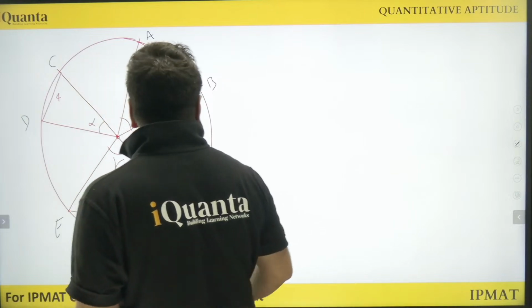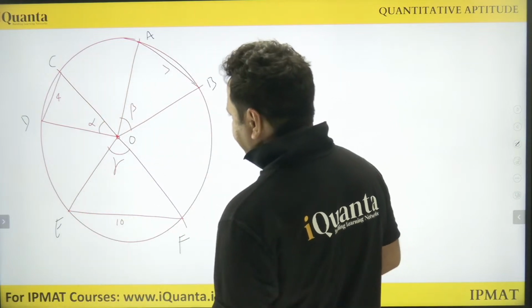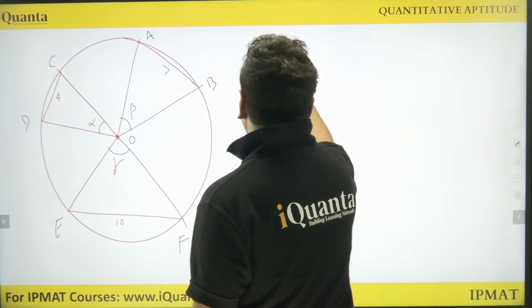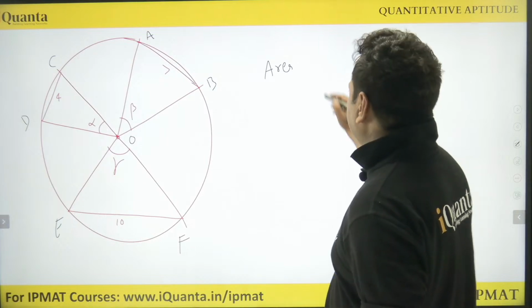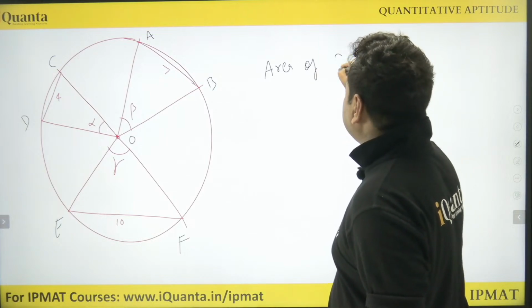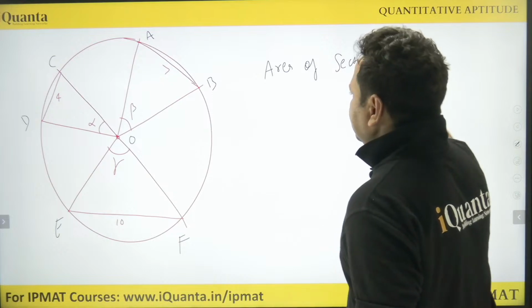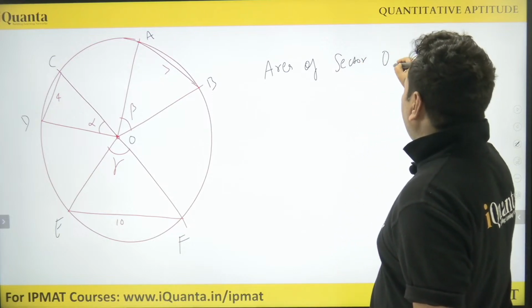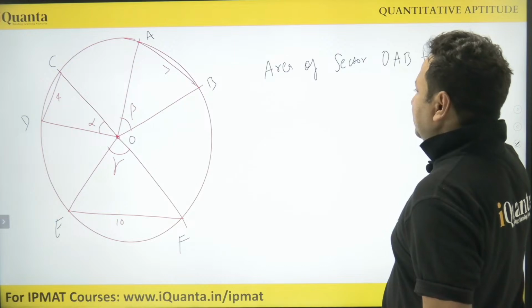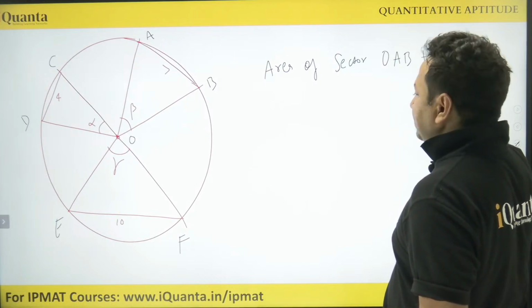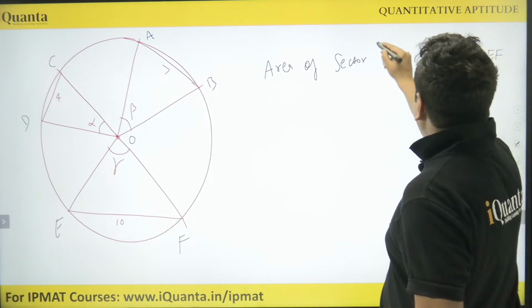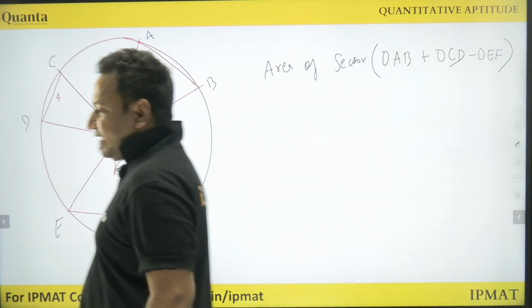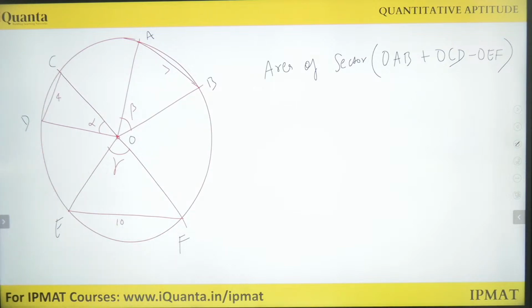You tell me the area of sector OAB plus OCD minus OEF. That is what you have to tell me. That is the mind bender question. Let's see who solves it first.